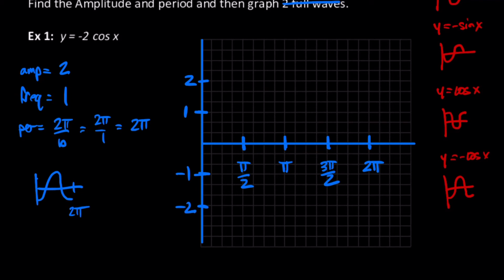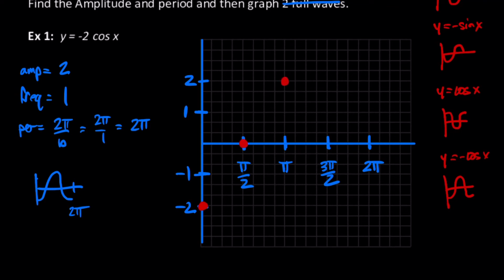All right, so that's all I need for labeling. Next, what I want to do is transfer these points here: the low point, 0, max, 0, and then the min. Since I labeled my axes according to this and that, it's easy to do. I'm going to start at the low point, which is -2. Then I go to 0, which is my period divided by 4.